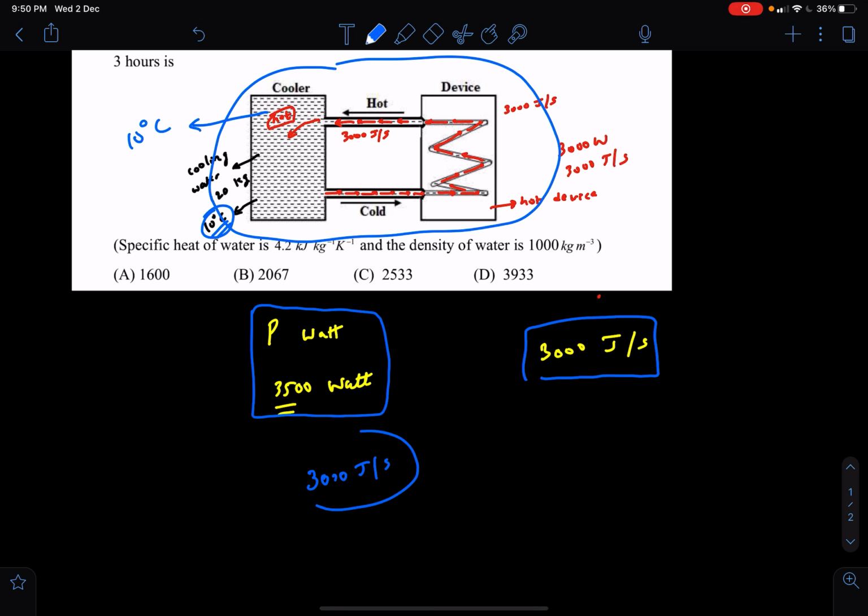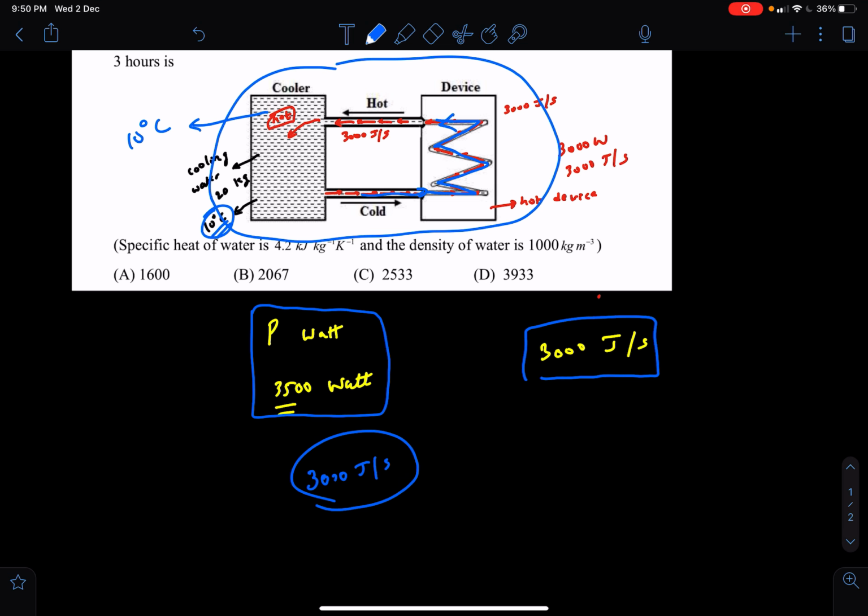It is losing 3000 joule per second. So gaining 3000 joule per second, losing 3000 joule per second, and so its temperature will remain constant at 10 degrees centigrade. When it goes to the device, its temperature will increase from 10 to some higher temperature. But when it comes to the cooler and loses the heat, its temperature will again become 10 degree.